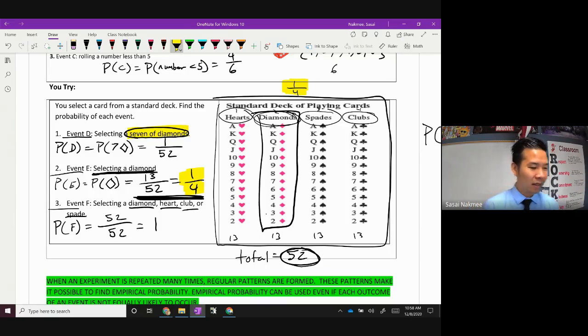It's the same concept, and that's the beauty of classical probability, that you can make those connections. If you're just looking at a specific suit, then it's just going to be 1 out of how many suits there are. But you could also just add up how many cards you have of that suit, and the math comes out the same, at least in a deck of cards, just because there's the same number of hearts, diamonds, spades, and clubs.